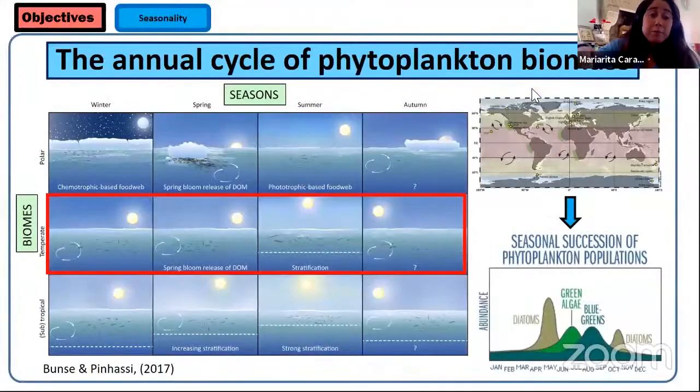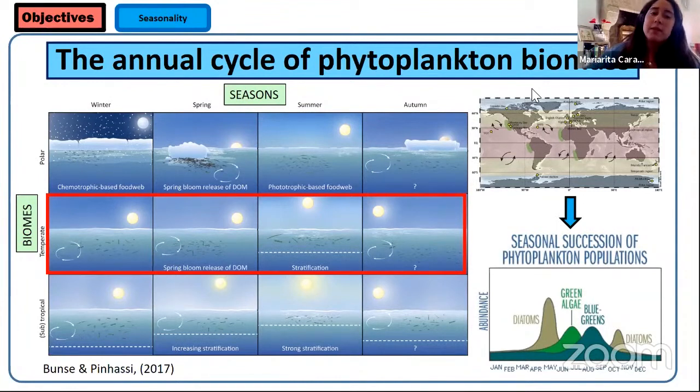So in general, plankton and phytoplankton are known to have an annual cycle of biomass that changes from biome to biome. So let's concentrate for a second on the temperate biomes. Here, the annual cycle of plankton is mainly structured by the water mixing and the stratification regimes that are created at a certain season, in summer in particular.